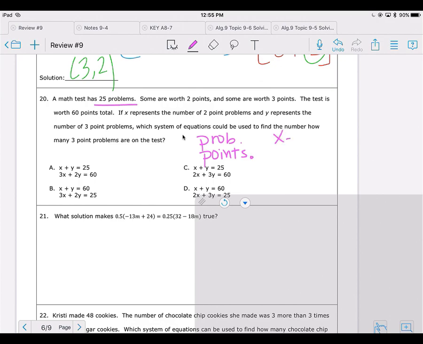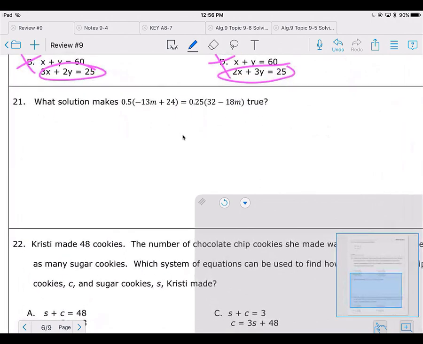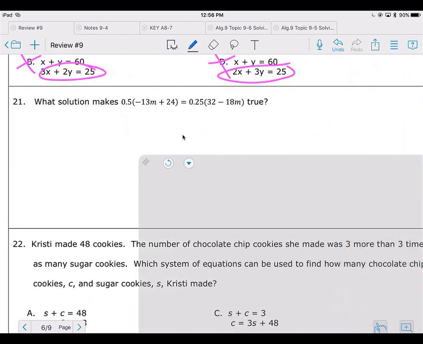So we need x amount of problems and y amount of problems to total to 25. So we could mark out B and D because they have the wrong equations. The only difference between A and C is whether 2 goes with x or 2 goes with 3. X is the number of 2-point problems, so 2 and x need to go together, so C would be my correct answer.